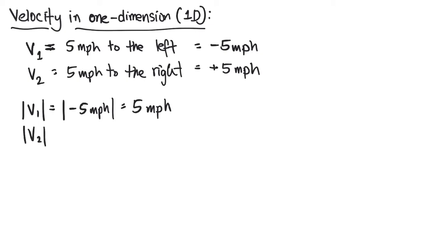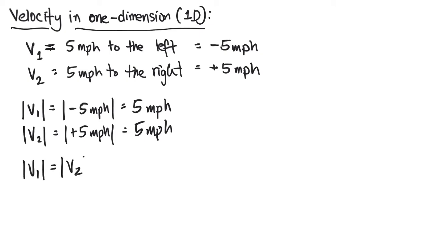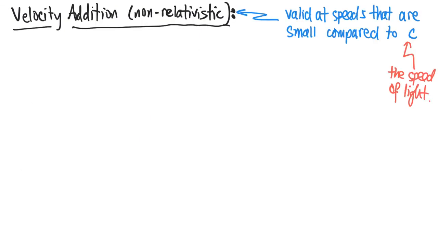The same is true for v2. The magnitude of plus 5 miles per hour is just 5 miles per hour because it's already positive. You don't have to do anything to it. So what we see is that v1 and v2 have the same magnitudes. In other words, they have the same speed, but they have different velocities. One's moving to the left and one's moving to the right.